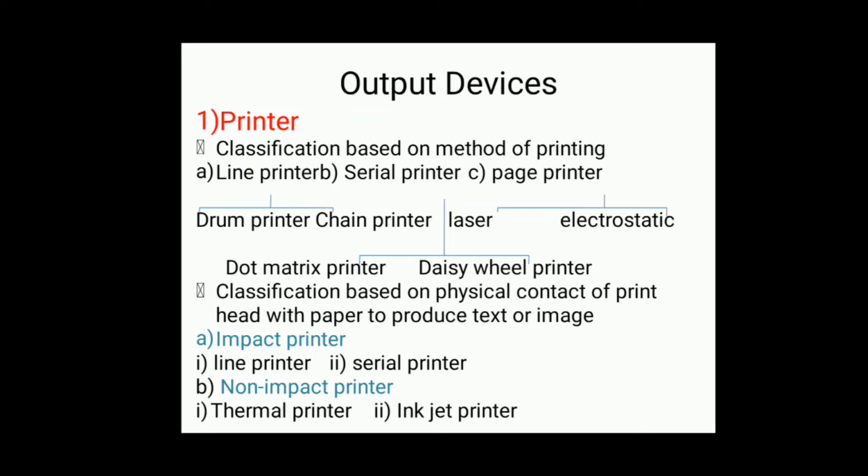The different types of display include CRT, LCD, LED and projectors. So before making a hard copy of the output, we use a soft copy through different techniques: CRT, LCD, LED, projectors. So these are the soft copy output devices.